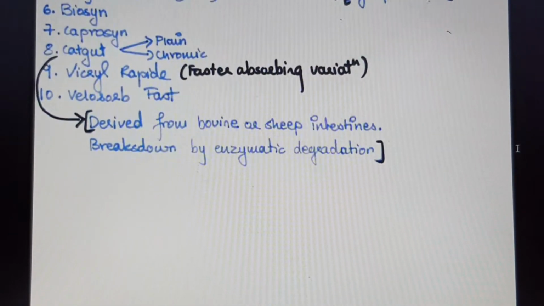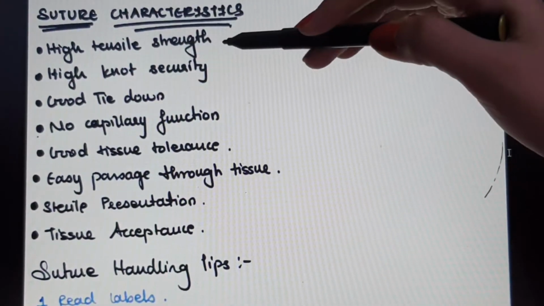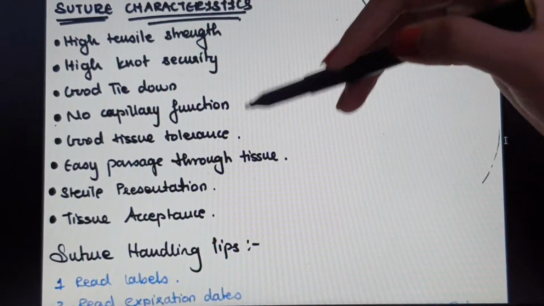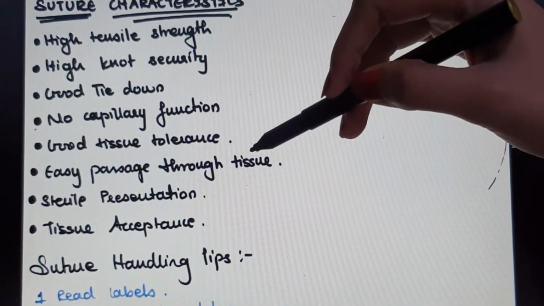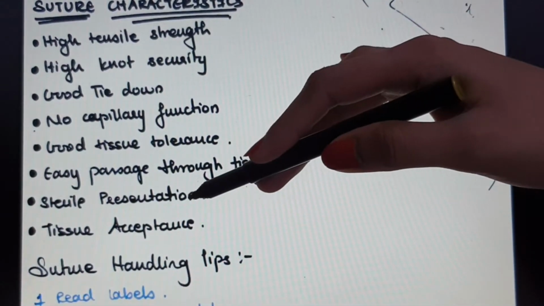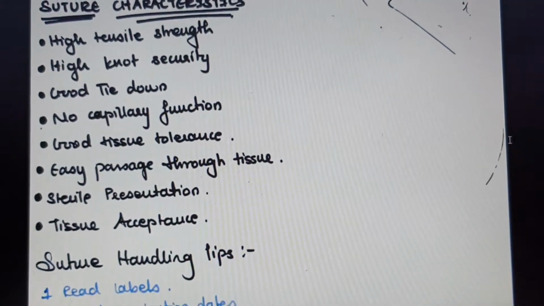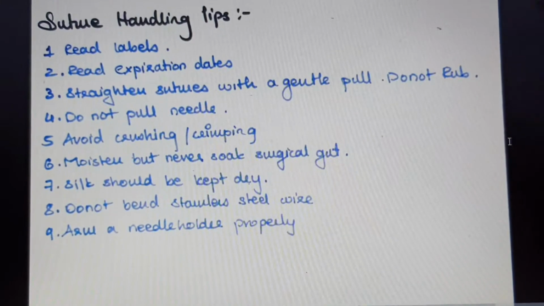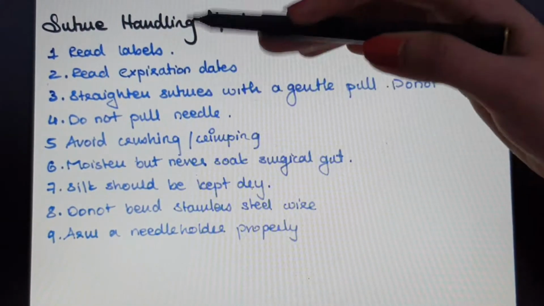So the requirements of an ideal suture are high tensile strength, high knot security, good tie down, no capillary function, good tissue tolerance, easy passage through the tissue, sterile presentation, and tissue acceptance. Then we have the suture handling tips. First, we should read the labels carefully and read the expiry dates.